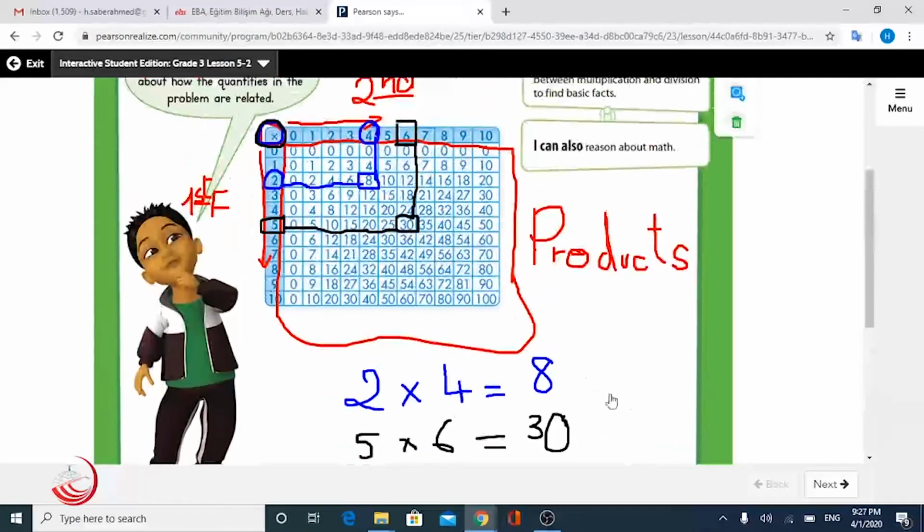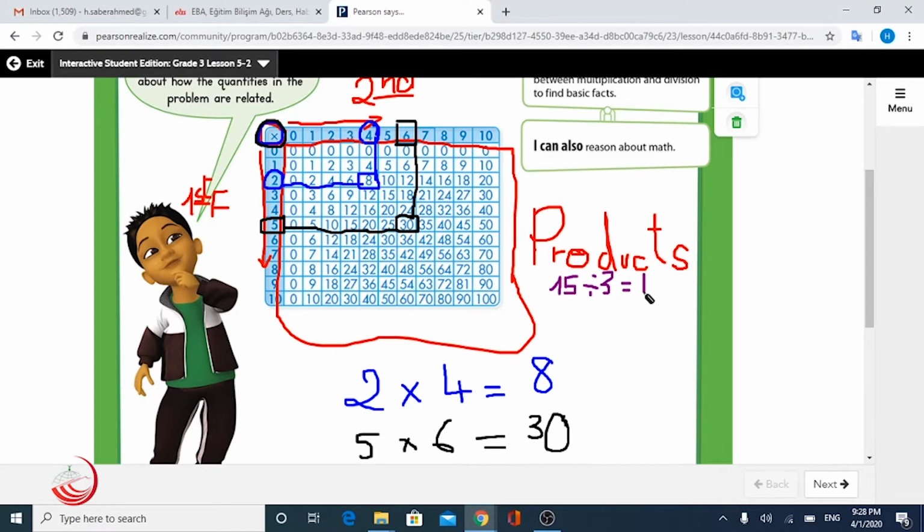I like the purple so much. Now 15 divided by 3. You tell me how I think.